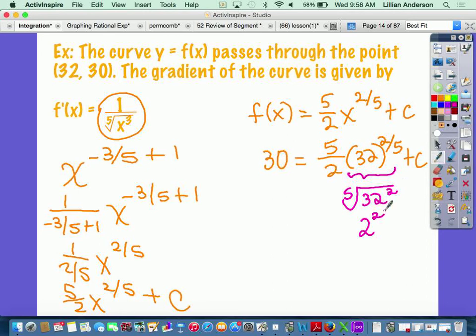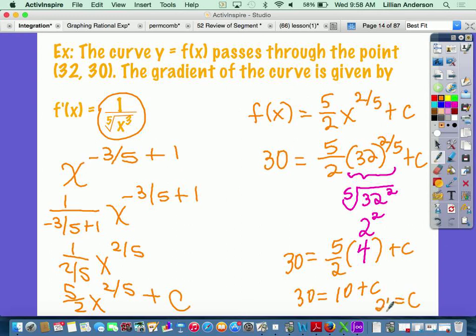So then you square it and you get 4. Okay? So 4 times 5/2 plus c equals 30. What's 5/2 times 4? It's going to be what? 10. So 30 equals 10 plus c. What's my constant? 20.